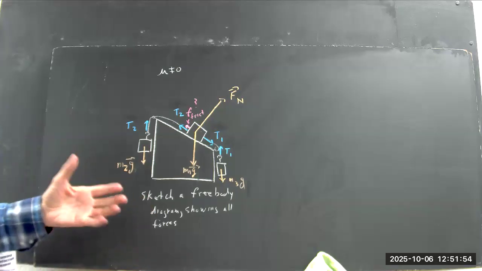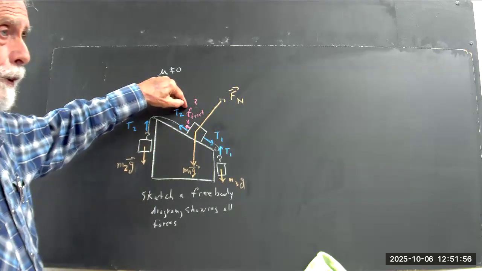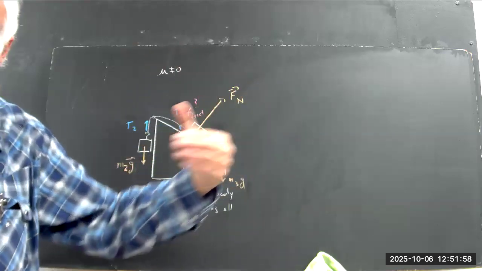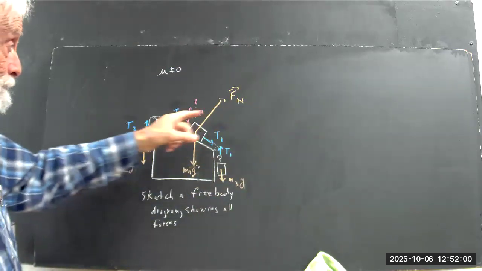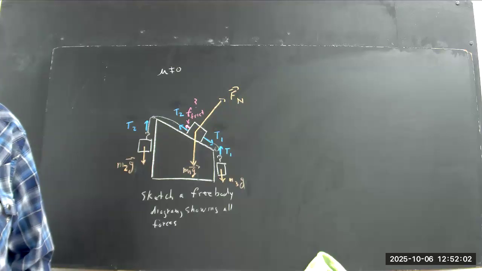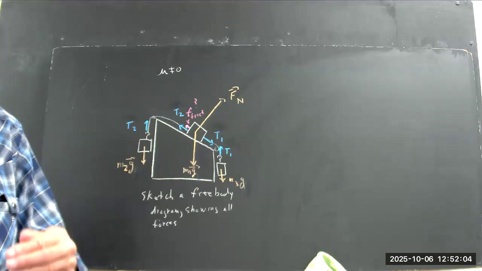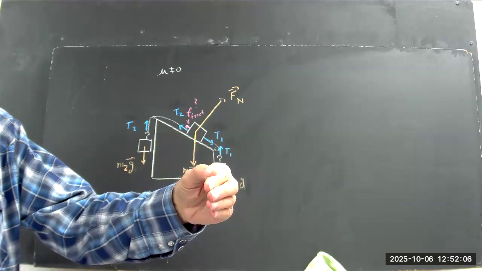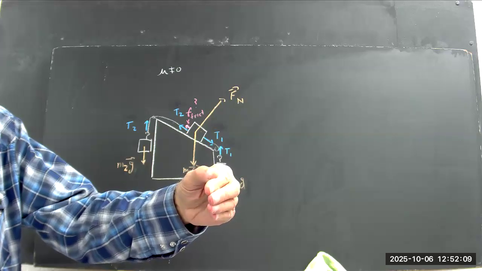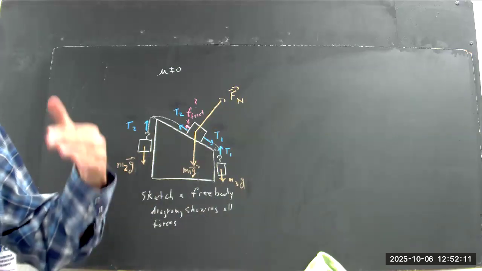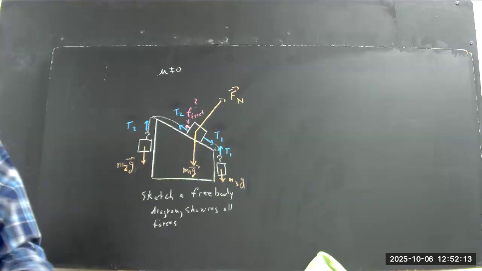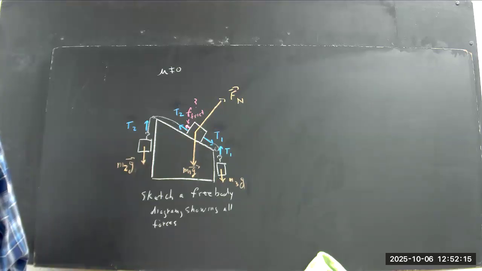I mean, the net force, even if the friction is equal to the maximum, which is mu sub s times the normal force, right? Even if it's the maximum, your net force might not be 0, so the thing might be moving, in which case you have to go to kinetic friction.